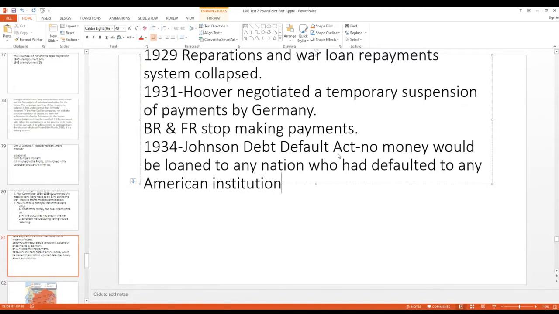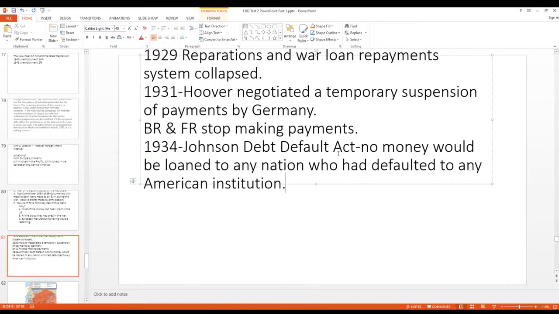So banks or the government, U.S. government, U.S. banks. Basically, if you defaulted to any American institution, you couldn't borrow money from any other American institution. So that turns off the money to Britain and France.